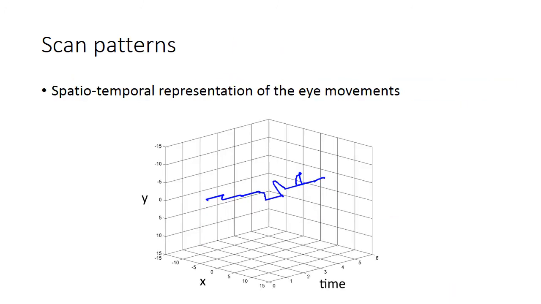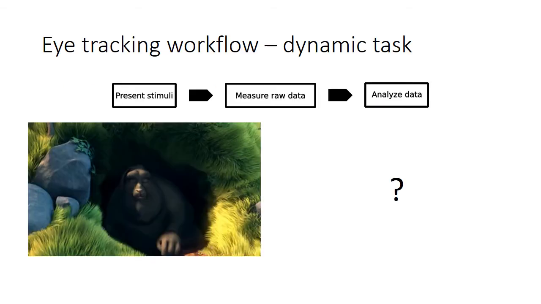In dynamic tasks, the eye movements are usually represented as scan patterns. Scan patterns are a spatial temporal representation of eye movements, and here you can see an example of such a scan pattern. So far the described approach worked with static stimuli. However, for dynamic stimuli, such as movie clips, the situation is more complicated.